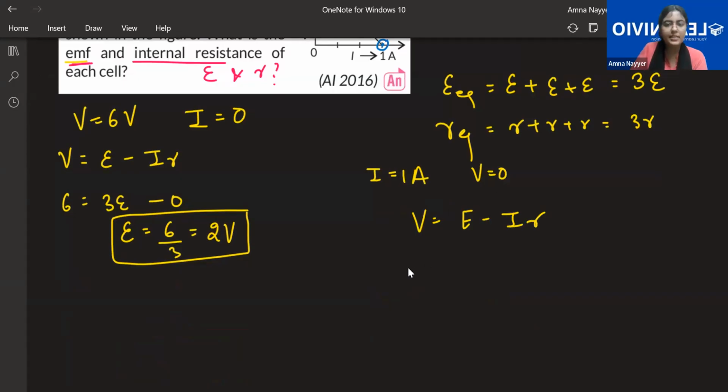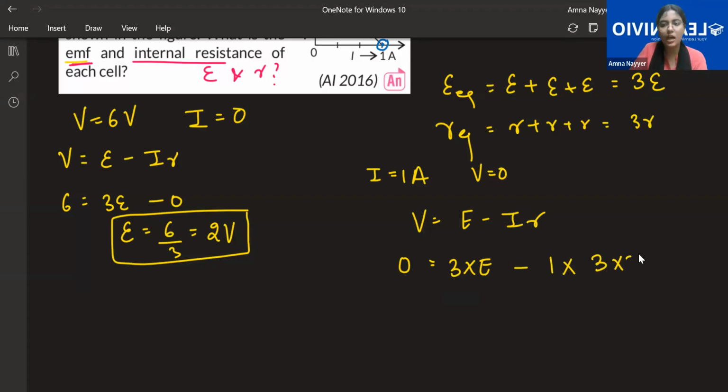What is voltage? It's 0. So I'm writing terminal potential difference as 0. What is EMF? It is 3 times E. Right? So this is 3E minus what is current? 1 ampere.